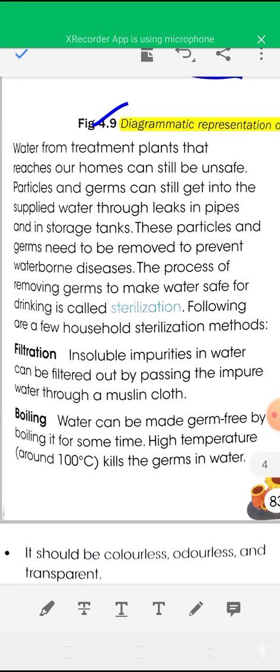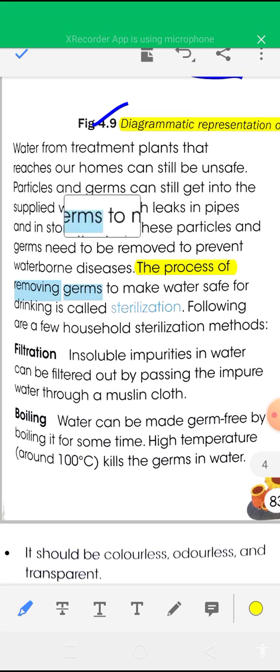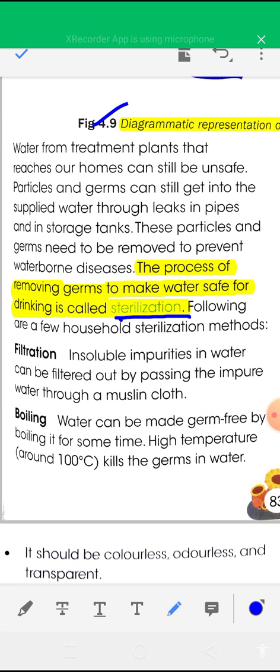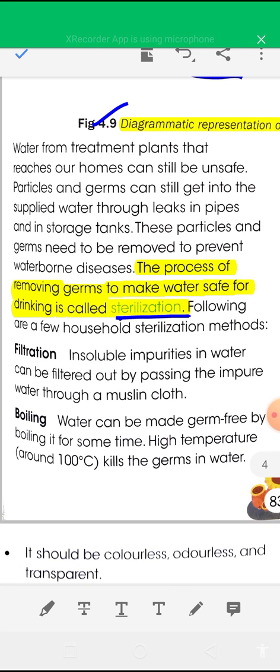These particles and germs need to be removed to prevent waterborne diseases. The process of removing germs to make water safe for drinking is called sterilization. Sterilization means removing of germs present in water.